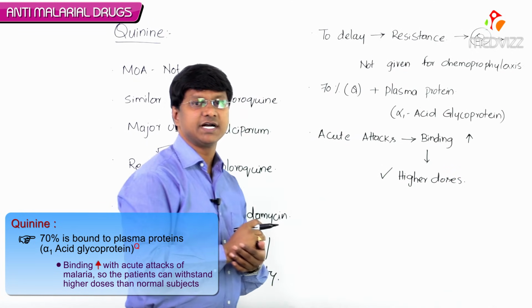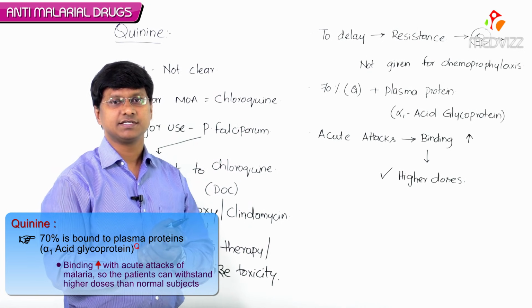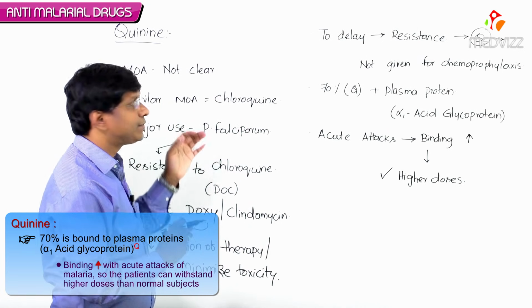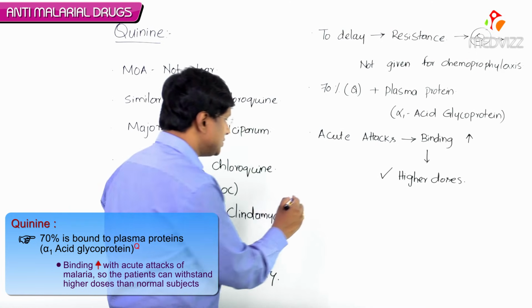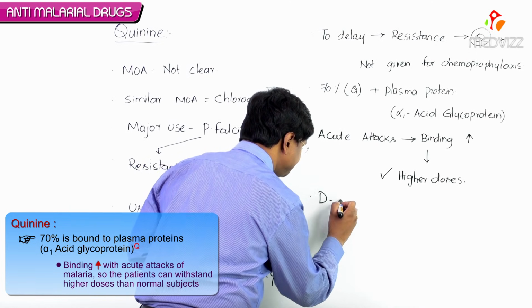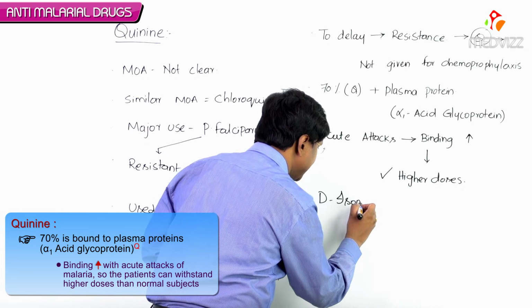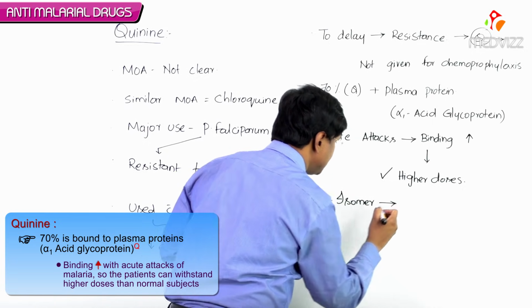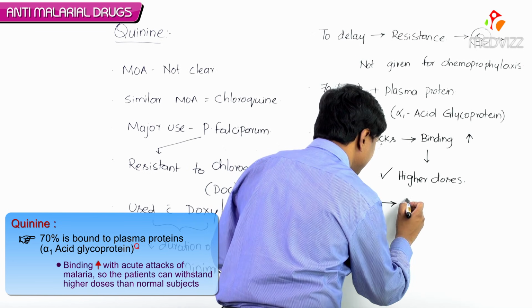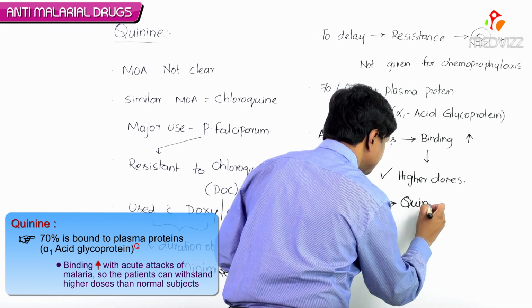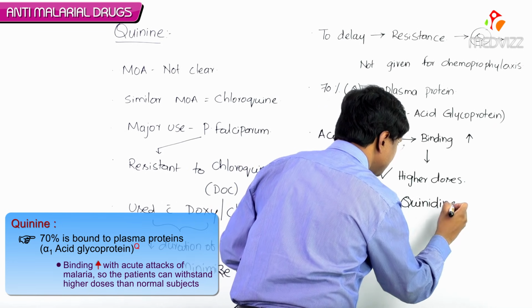Alright, can tolerate much higher doses of quinine than other subjects. Now, you take this quinine, it is having one of the D isomer. The D isomer of quinine is your quinidine, right?